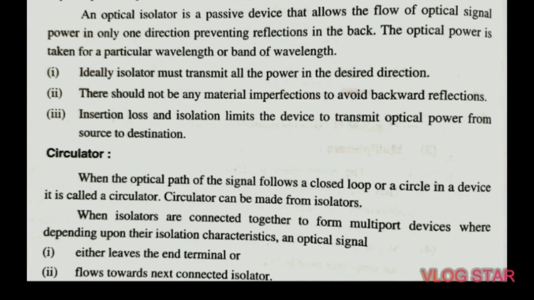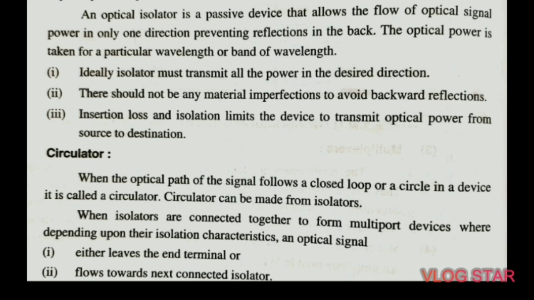Okay, the next point is optical isolator and circulator. A Faraday isolator is a kind of optical isolator, that is, a device which transmits light in a certain direction while blocking light in the opposite direction. The Faraday isolators are based on Faraday rotators and constitute the technologically most important types of optical isolators.